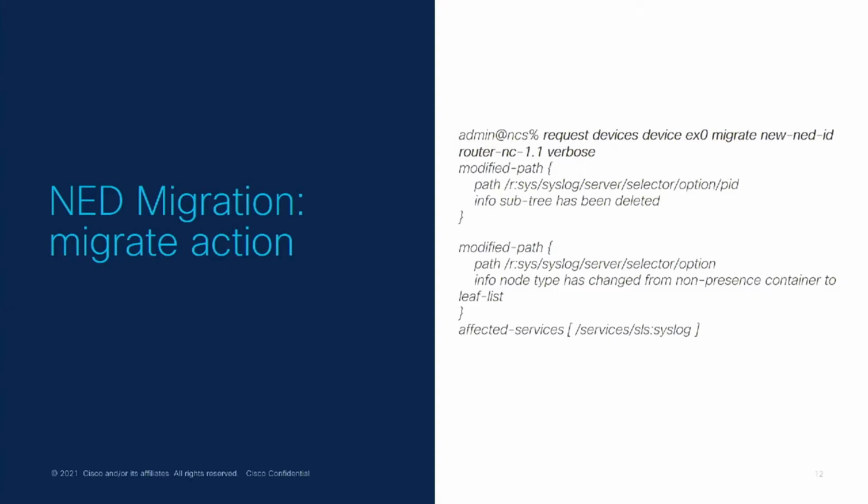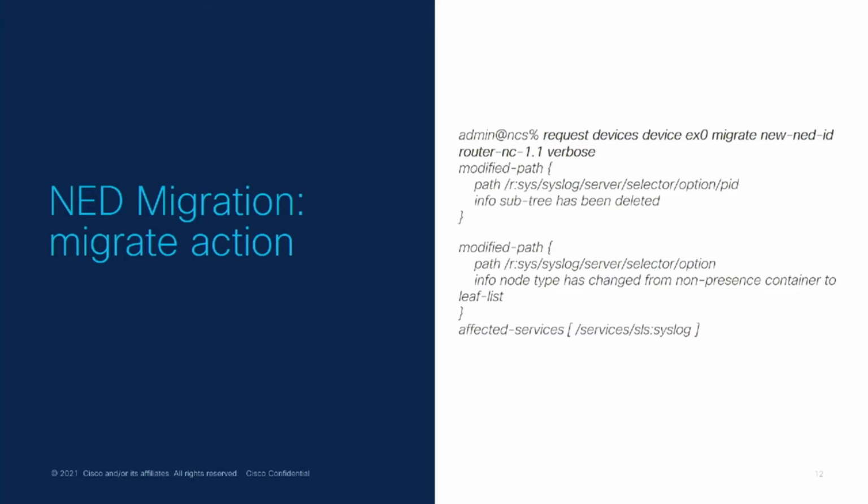So using this migrate action with different flags like verbose and dry run, we can investigate and see what will happen in the system when we do a migration from one version to another. We can see what path in the model has changed. Has a leaf got a new type, or maybe something is deleted or moved to a container or anything like that. And we also get to see which services are affected by these changes.